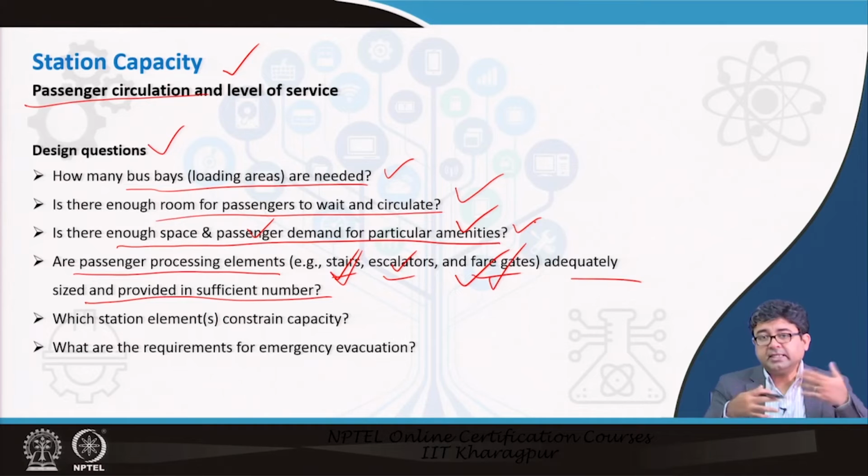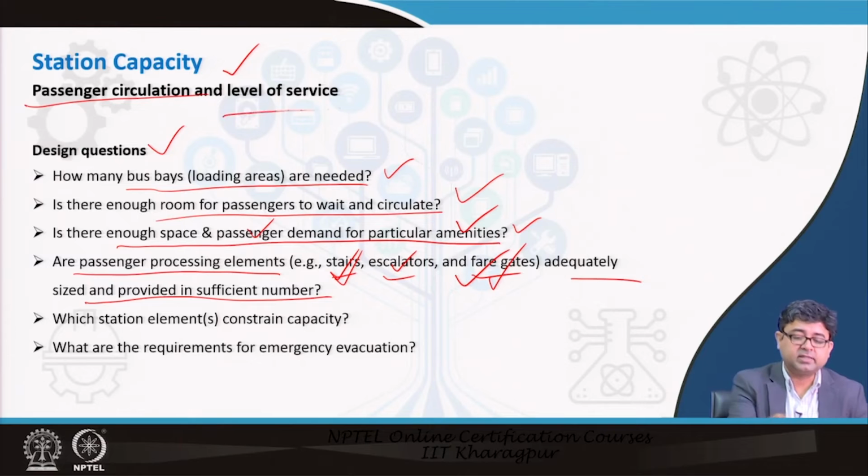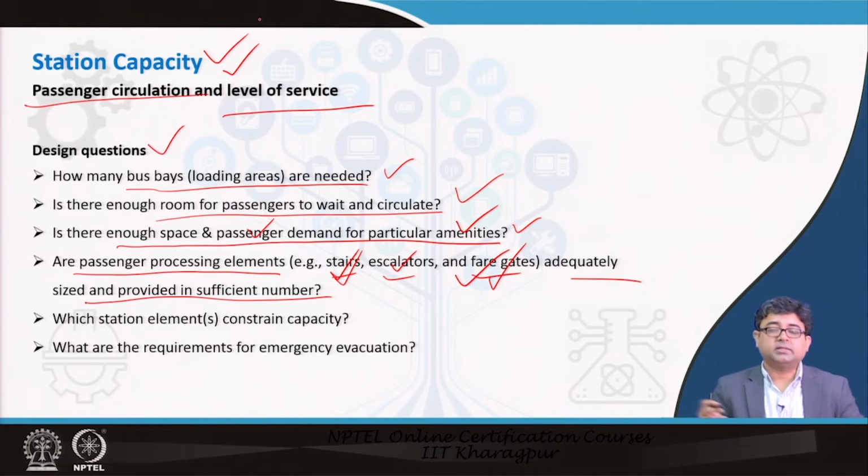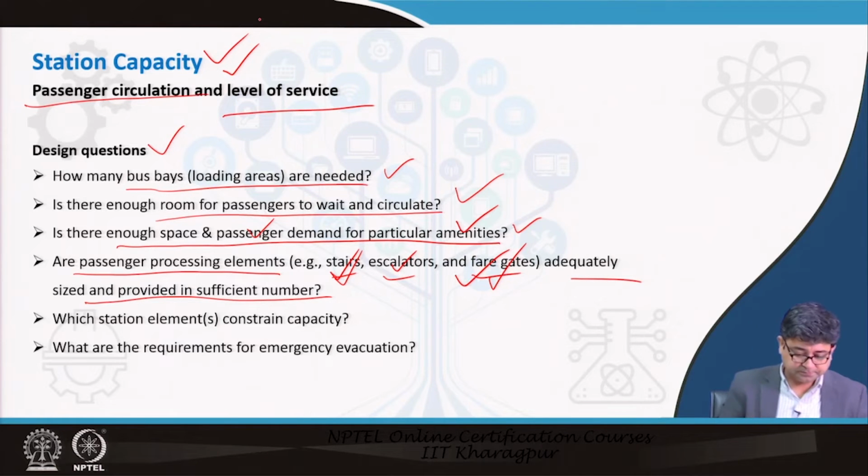So, these capacities will in turn affect the passenger circulation in the station area, and the passenger circulation in the station area eventually will affect the level of service and the station area capacity. So, these questions are designed in such a way that they allow you to think from the ground up and then get to how to calculate the station areas.